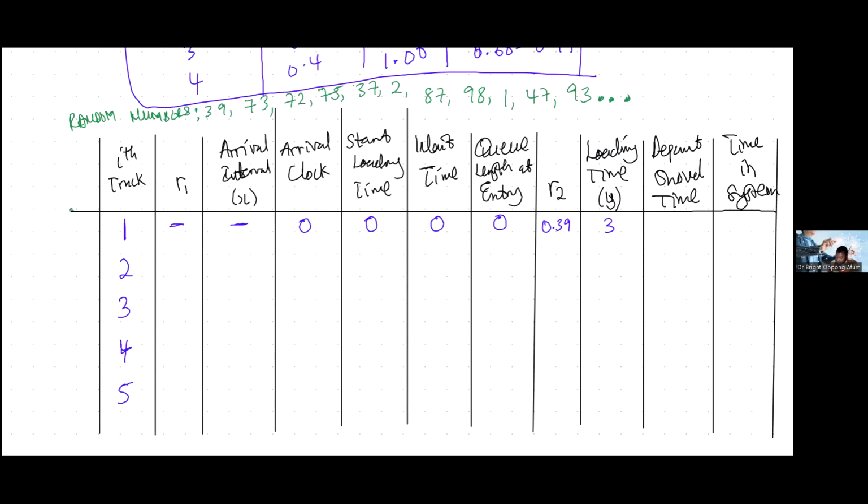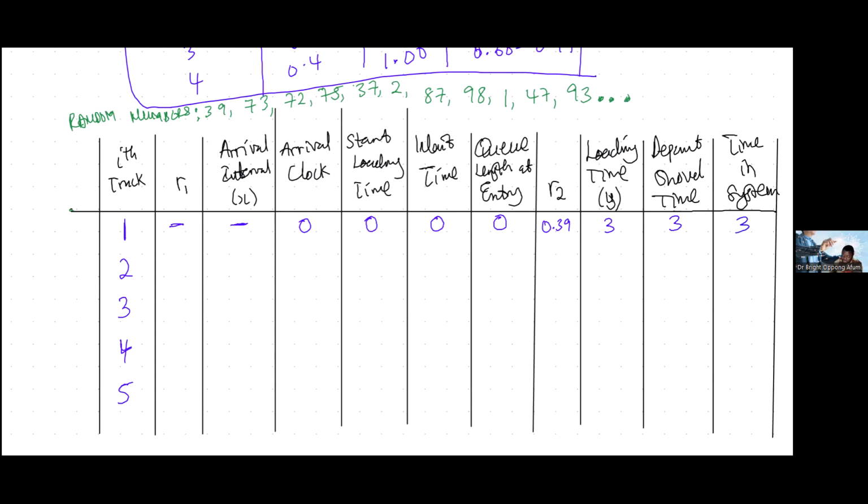And what time will it depart? It will depart when loading is completed. So that means that it will depart in 3 minutes, and that means that the truck came and spent only 3 minutes in the system, right?